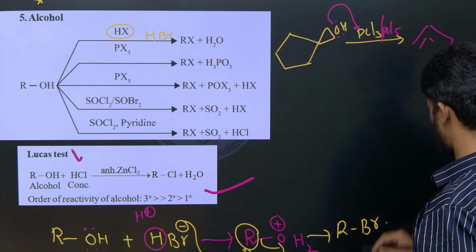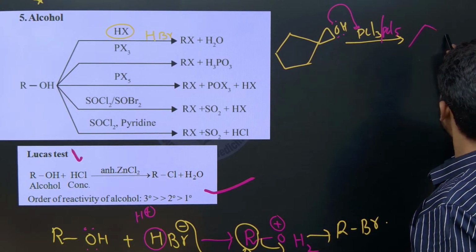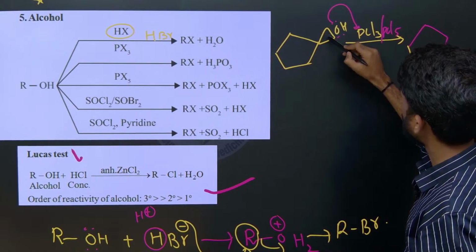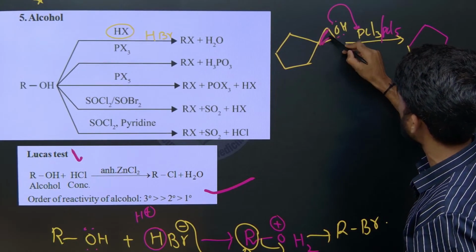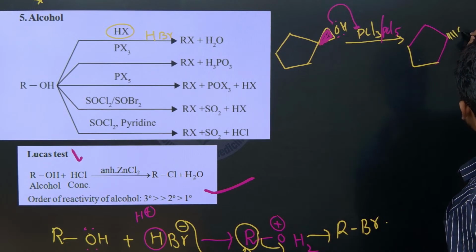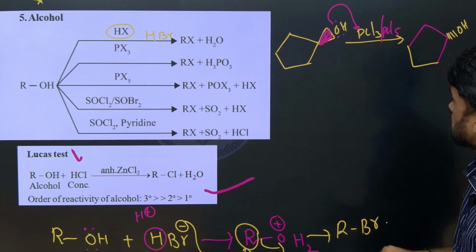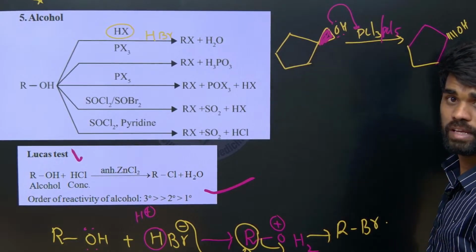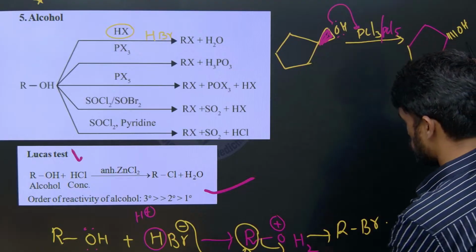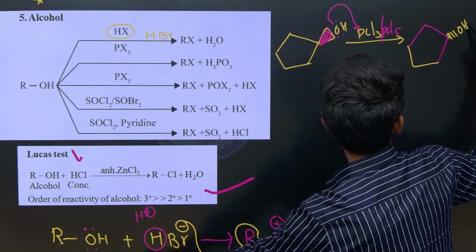Therefore we will be getting a compound like this. See, the OH group is above the plane of this ring, right? So here it will be below the plane. It means inversion of configuration is taking place. If it is R here, the configuration here will become S. I hope it is clear. Sorry, here it should be chlorine.